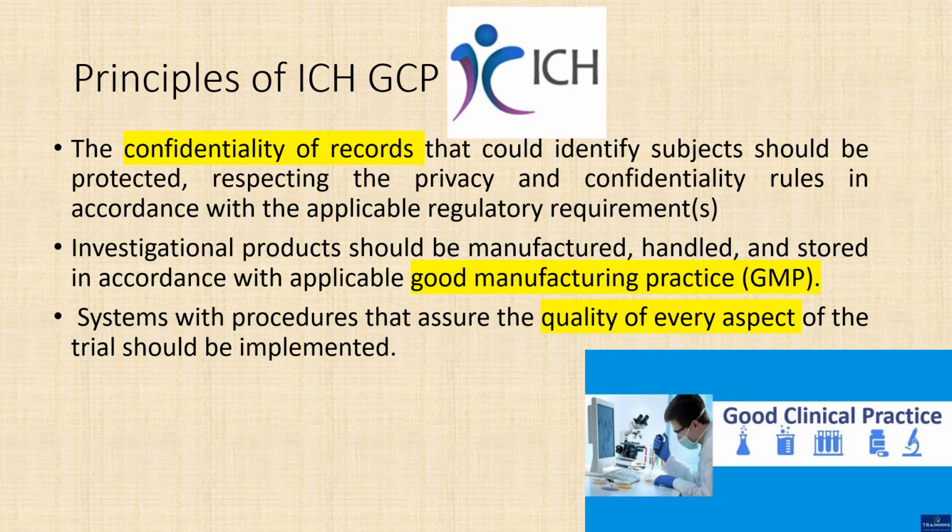Other principles of ICH GCP: the confidentiality of records that could identify the subjects should be protected, respecting the privacy and confidentiality rules in accordance with the applicable regulatory requirements. The investigational product should be manufactured, handled, and stored in accordance with the applicable good manufacturing practice. Systems with procedures that assure the quality of every aspect of the trial should be implemented.